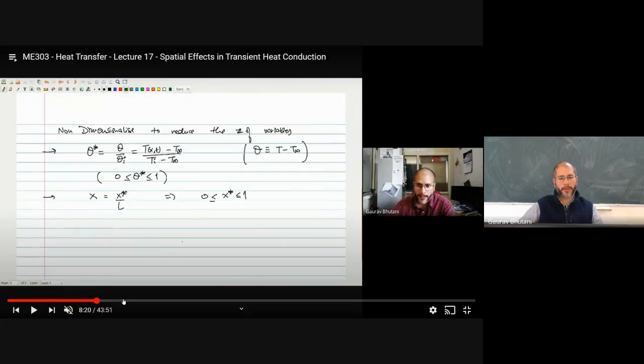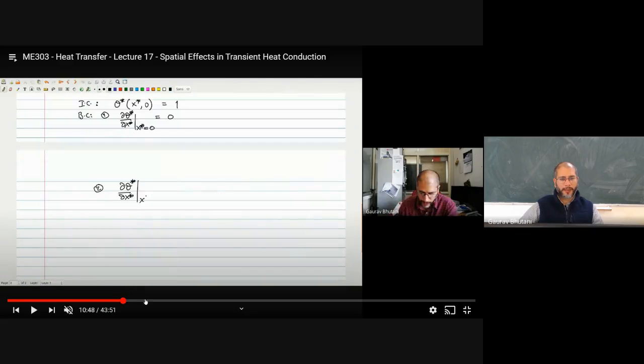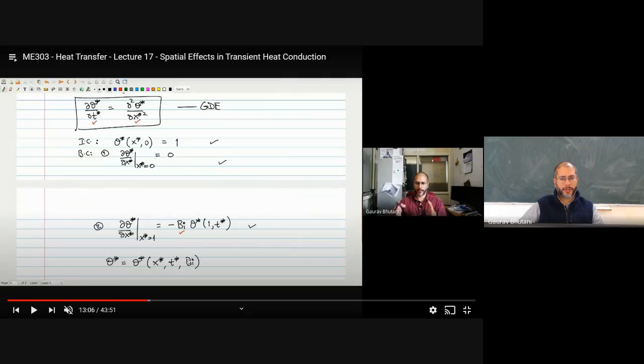So once you non-dimensionalize the system, the dependence simply is on x star, t star, and the Biot number. Okay, so you don't need to solve lots of problems. You simply can generate for a given geometry, for different Biot numbers and x star and t star values, the theta star values, and then those tables or that dictionary of solutions can then be used for getting the temperature for any system.